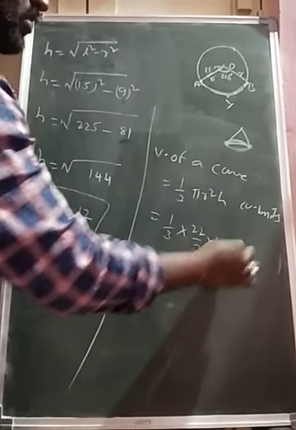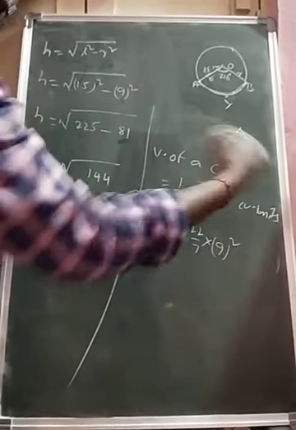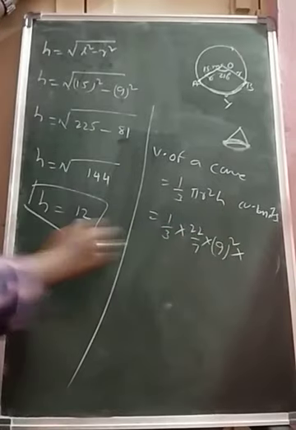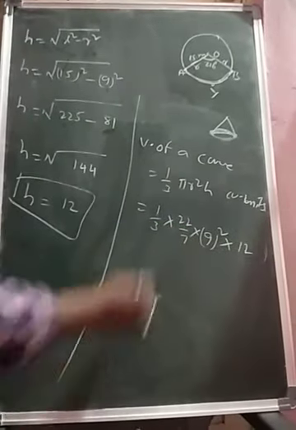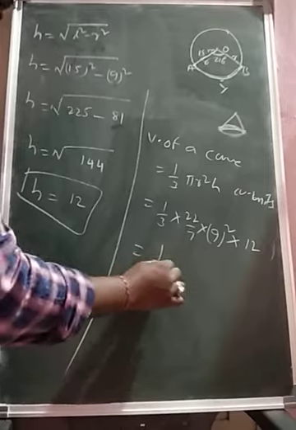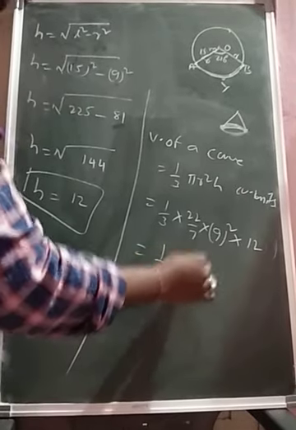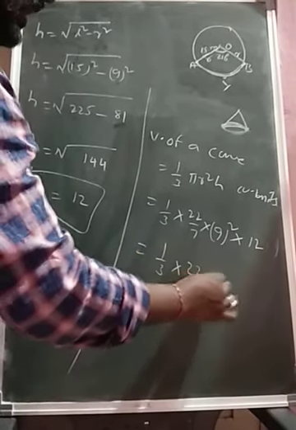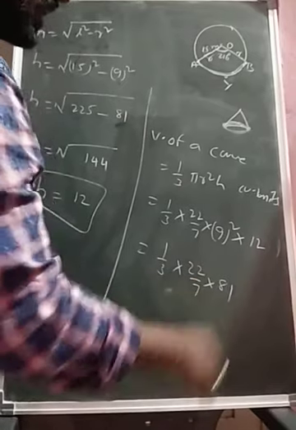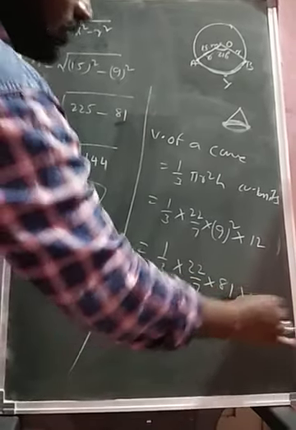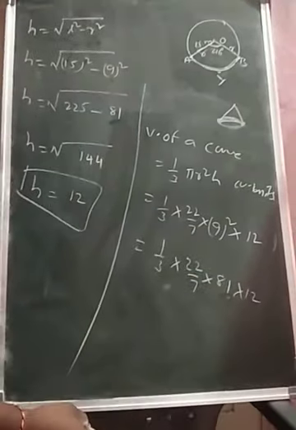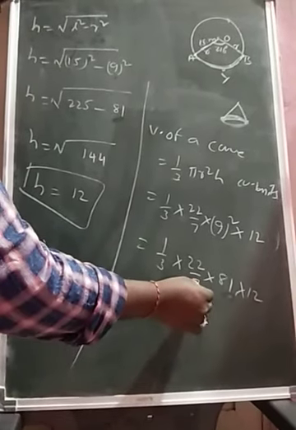So r square is 9 square, into h, 12. Height is 12. Now 1 by 3 into 22 by 7 into 9 whole square, that is 81, into 12.